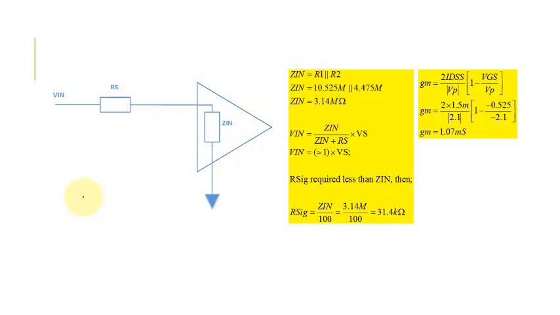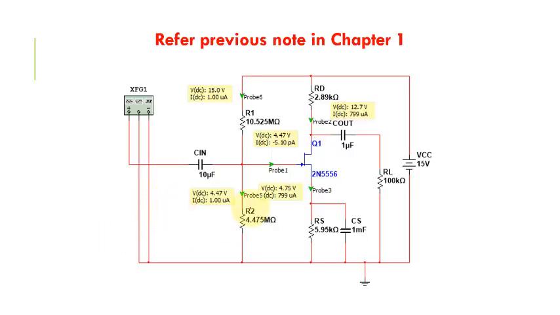So basically the circuit is like this. We have R1 paired with R2, and we have the gate here. You see here we have R1, R2, we have the common source, and we have the RD.